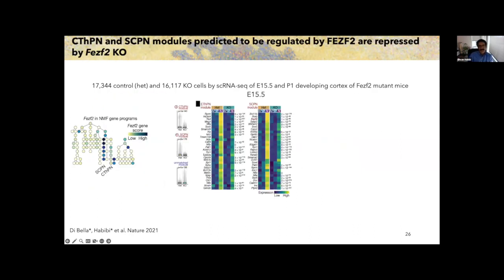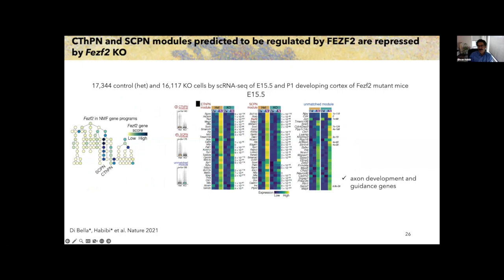So what we have done here is knock out this gene and collect data from E15 and E13 mice, and we look at the single cell data.